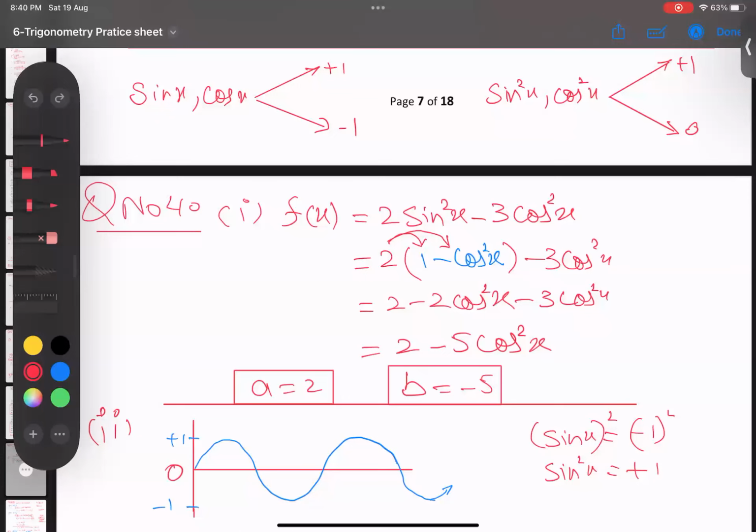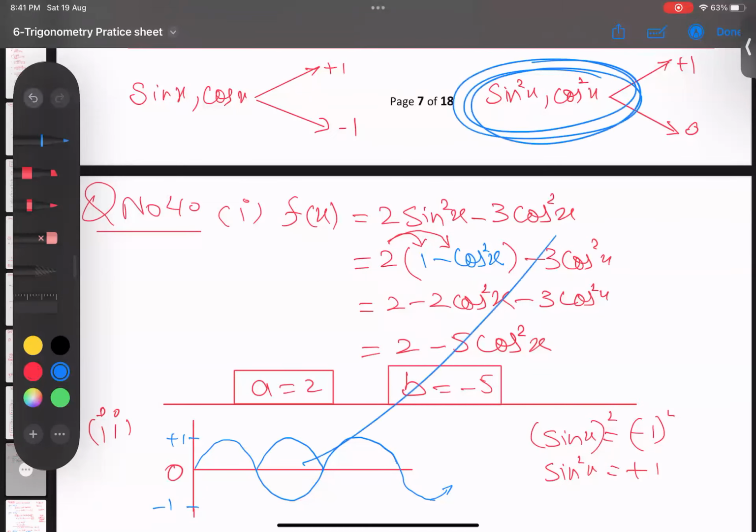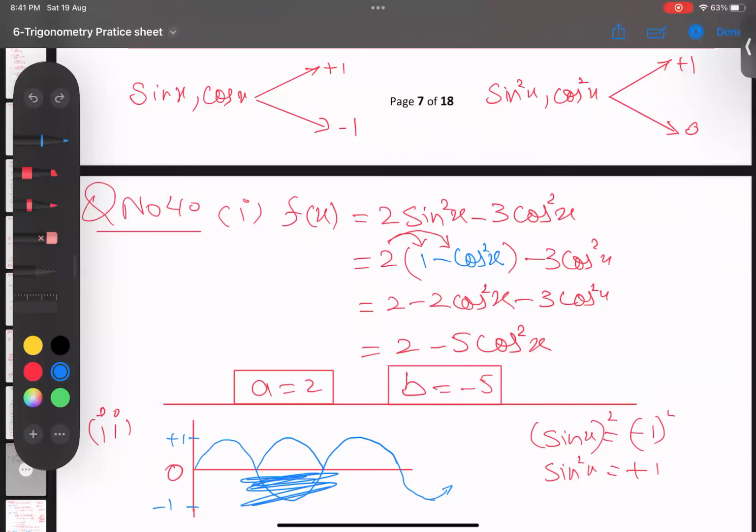So all negative values will convert. For example, this part of the curve will convert up. It will turn into this format. Why? Because of the square, these negative values will convert into positive values above. Similarly, this part will convert into the positive part. I hope it is clear.